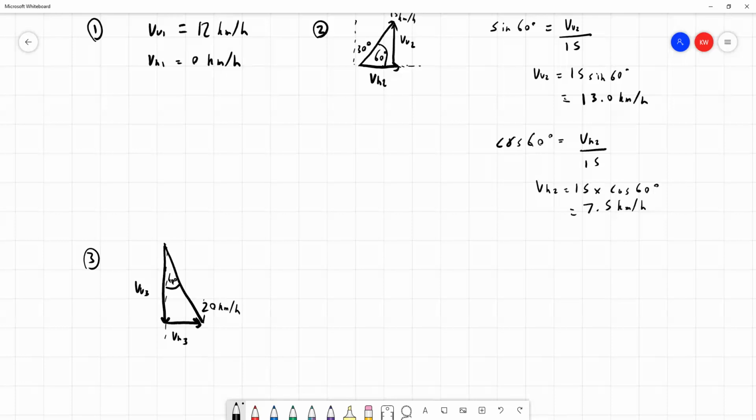So in this case, we're going to have cos of 40 degrees is equal to the adjacent side, which this time is the vertical component, divided by the hypotenuse. So here, our vertical velocity is going to be 20 times cos 40 degrees.